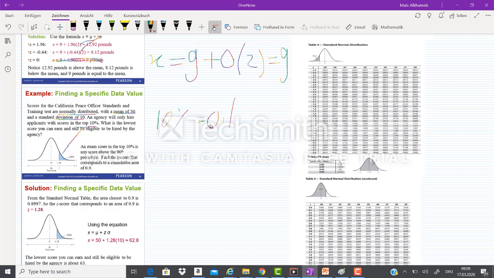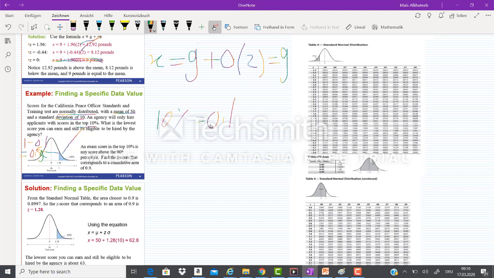The area to the left, which is the other side here, will be 1 minus 0.1, which is 0.9. What about this 0.9?